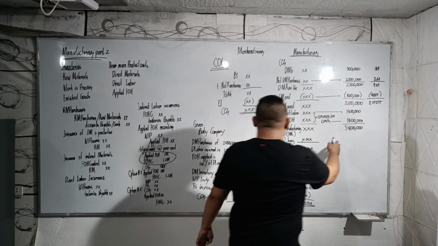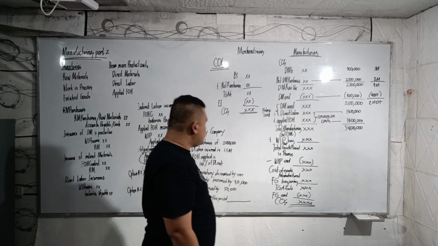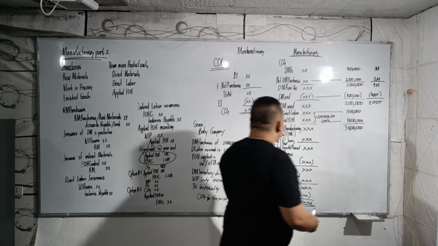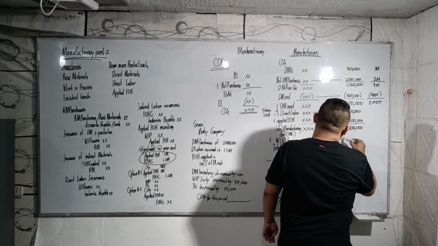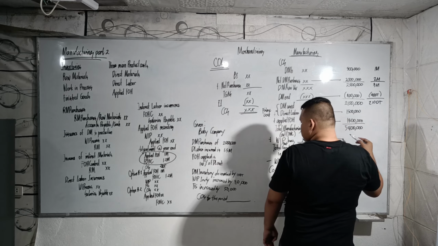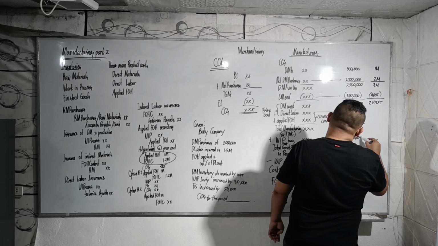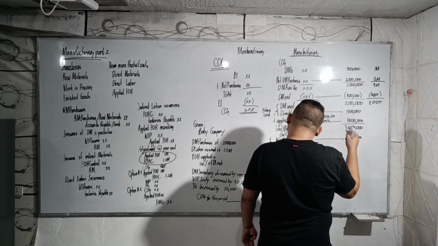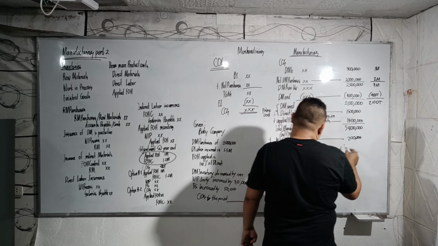So, it's 5.4. How about work in process inventory? It's increased by 80,000. So, I'll use here 200. This is just an example. You can put any amount here, 300, 400. We don't care.